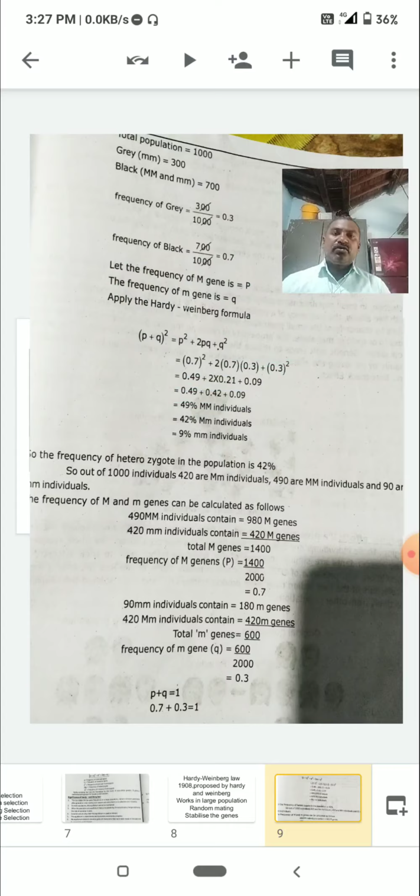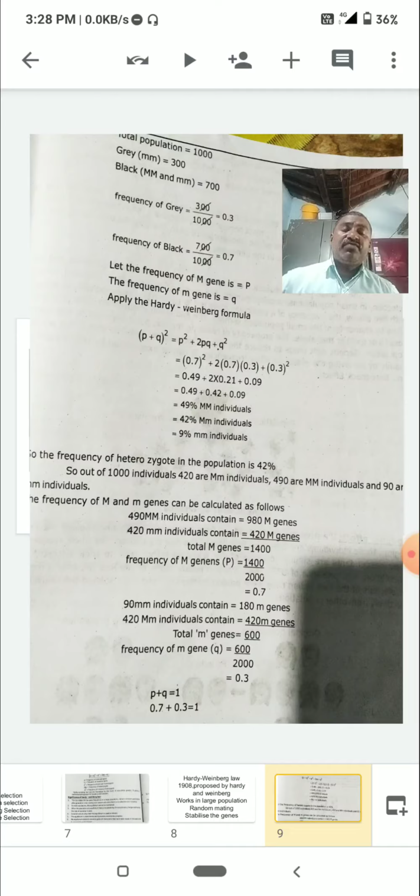Okay. So, the total population is 1000, gray small m is 300. Frequency of gray is 300 by 1000, that is 0.3.